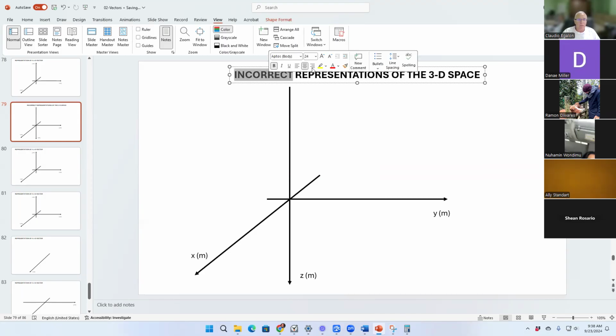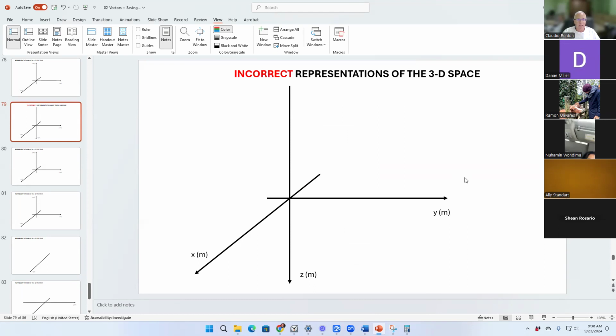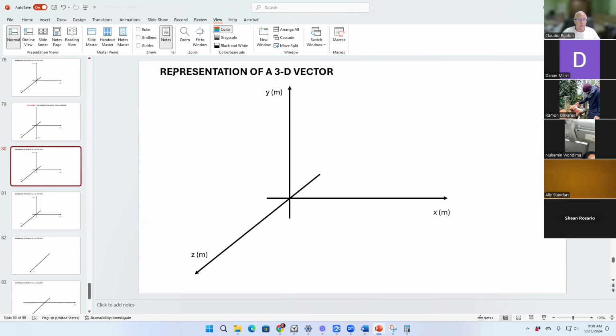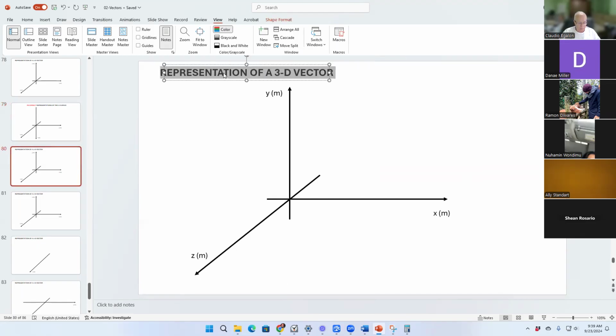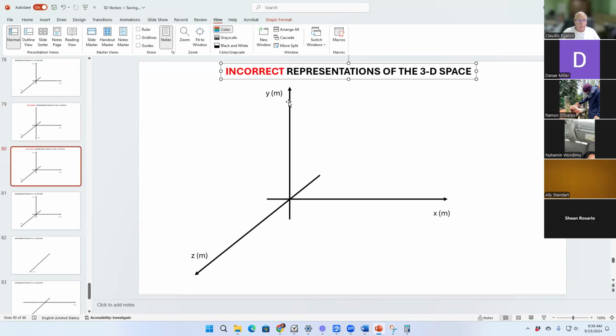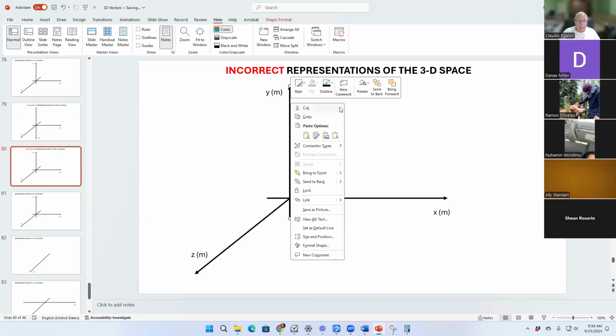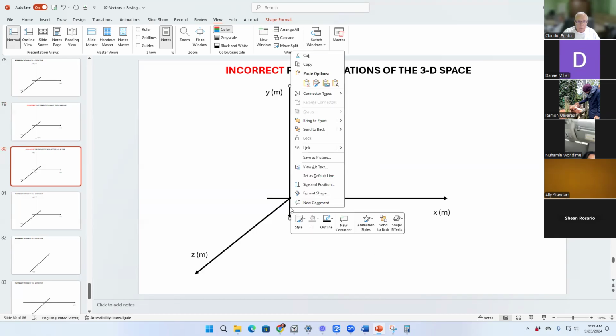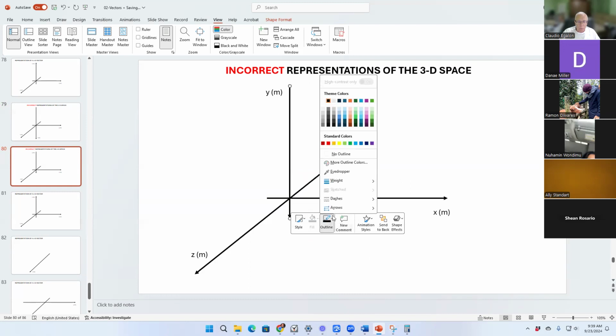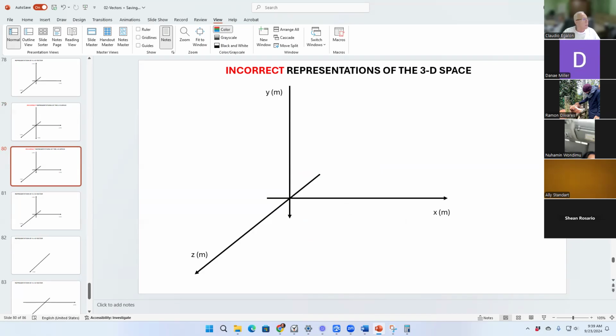I'm going to emphasize with red. Another incorrect representation: again, if you point the y-axis downwards, incorrect.